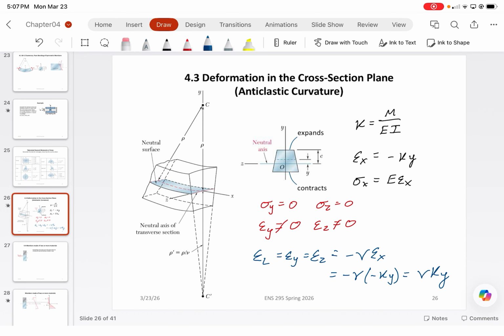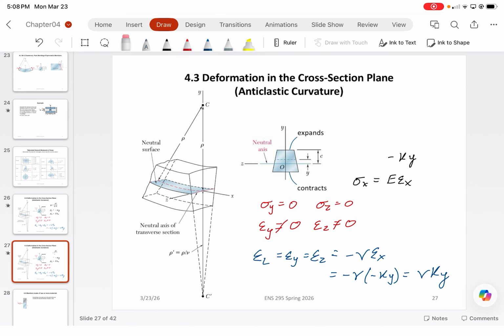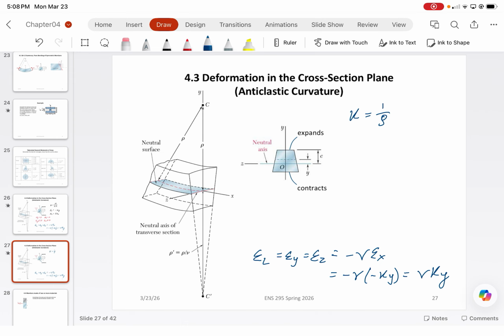Let me copy this, paste it onto another slide, and erase all of this really quickly. All right, from here, we can calculate anticlastic curvature just by expanding on this function. We know that k is equal to 1 over rho, the radius of curvature.